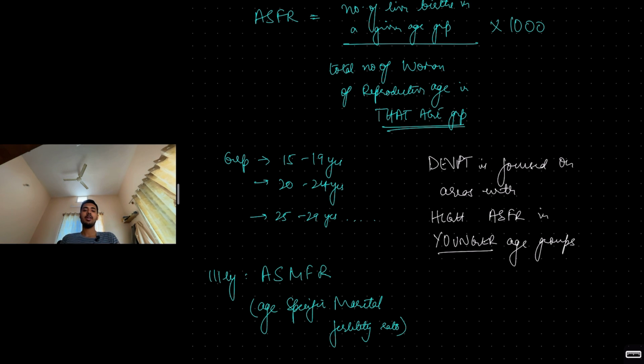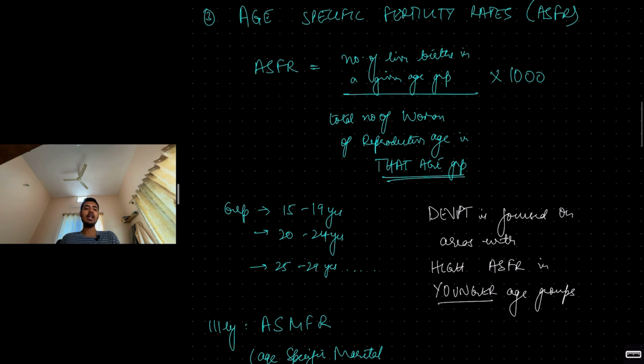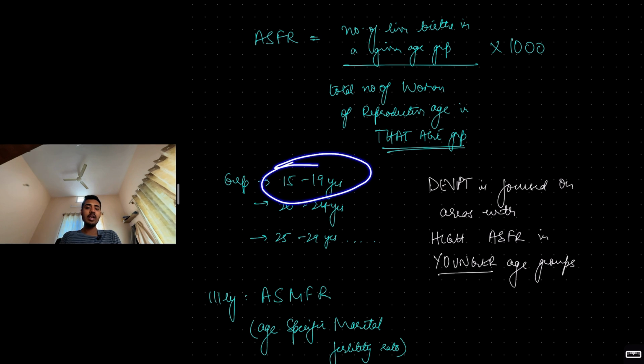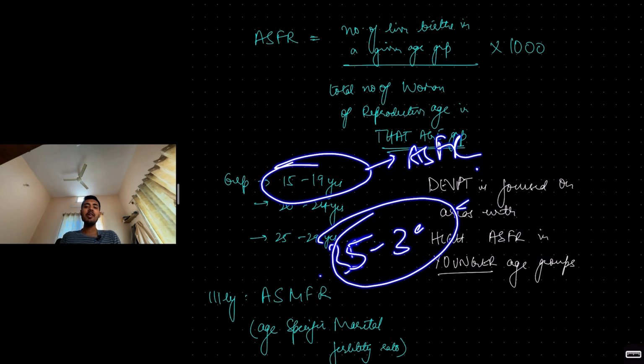Now, why age specific marital fertility rate is better than general fertility rate is, here development is focused on areas with high ASFR in younger age groups. That is, 15 to 19-year-olds have high age-specific fertility rate in some area. In another area, 35 to 39-year-old women have a high age-specific fertility rate. Okay.